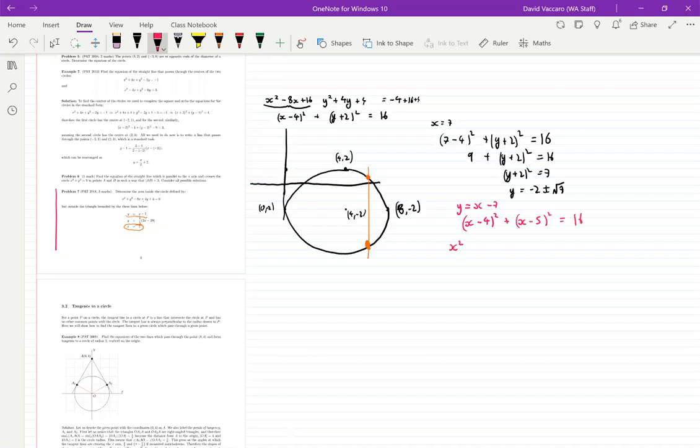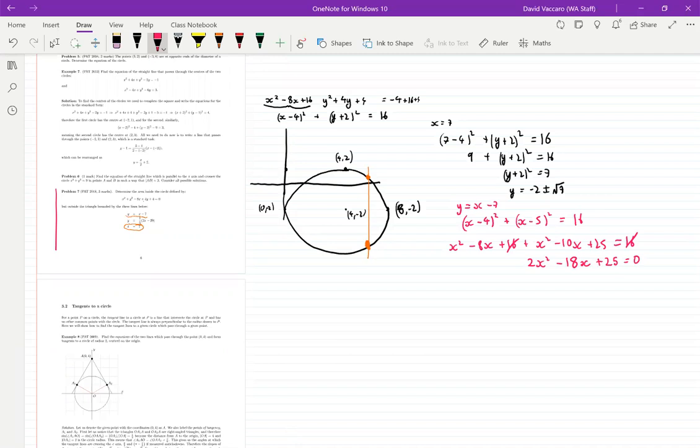So I get x squared minus 8x plus 16 plus x squared minus 10x plus 25 is equal to 16. The 16s cancel. So I get 2x squared minus 18x plus 25 is equal to 0.